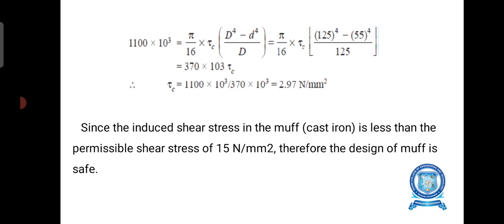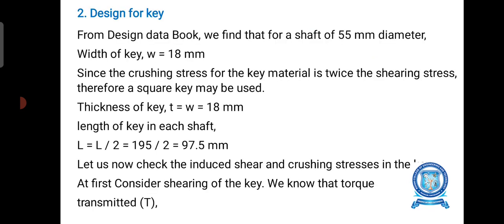Then we go into the design of the key. From the design data book we can find, for the shaft of 55 millimeter diameter, the width of key W equal to 18 millimeter.